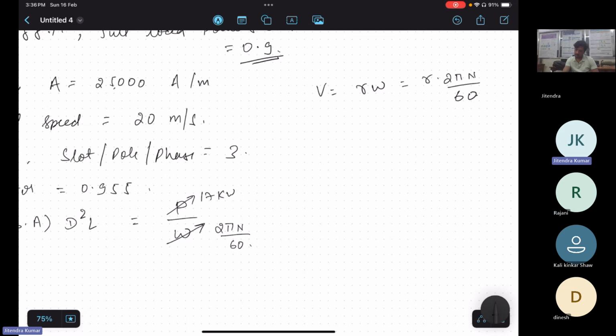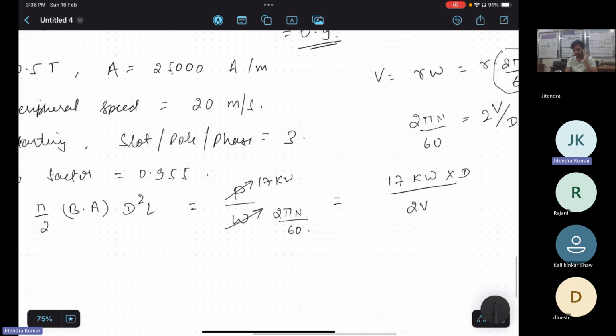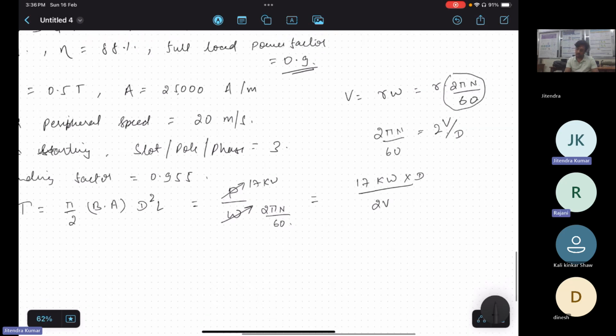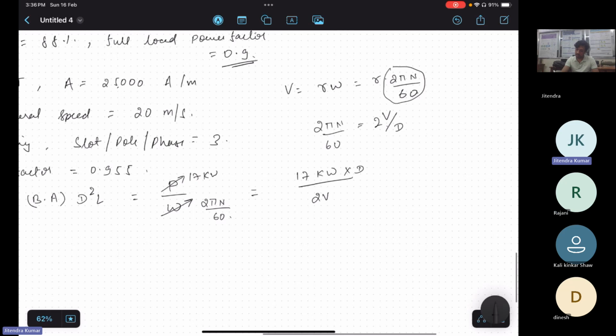So 2 pi N by 60 we can write as V by R, that is 2V by D. So this omega we can replace with 2V by D. And this parameter is given to us.